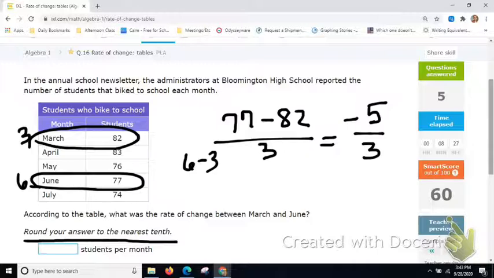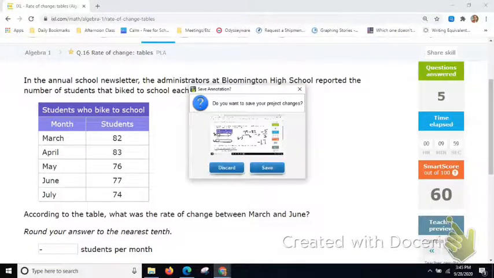If I round it to the nearest tenth, that means I can only keep 1 decimal place. I look at the second, it's a 6, so it's going to bump that up to 1.7. And it's still negative. If you're afraid you'll forget the negative, then type -5 in your calculator. So -1.7.